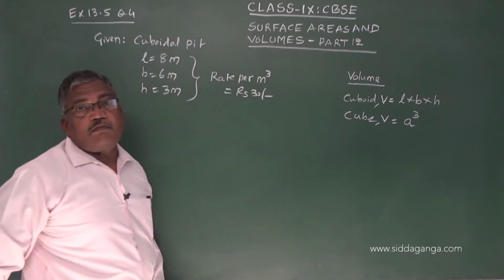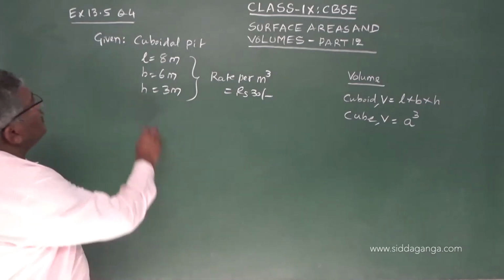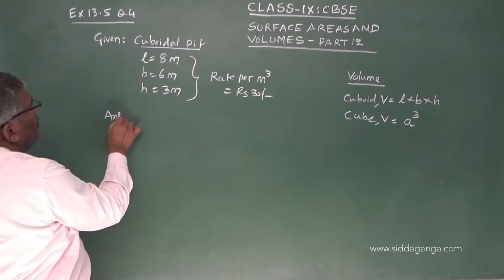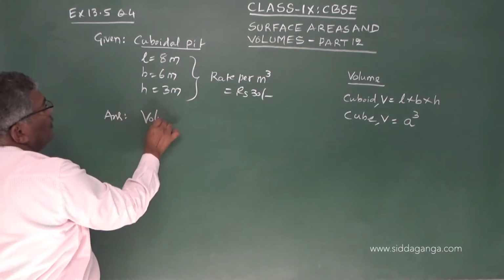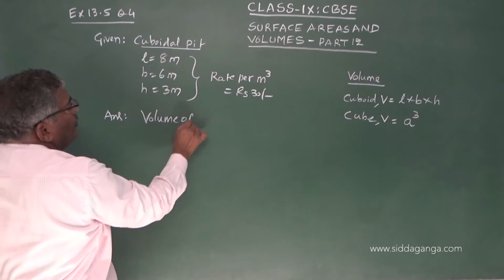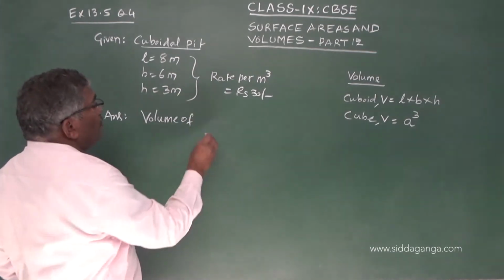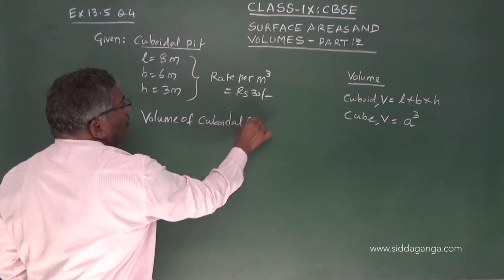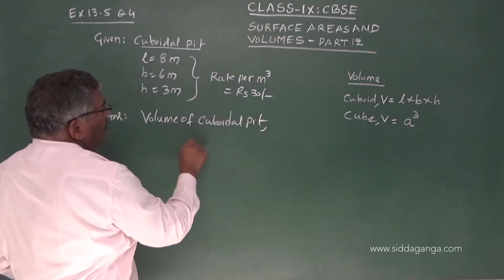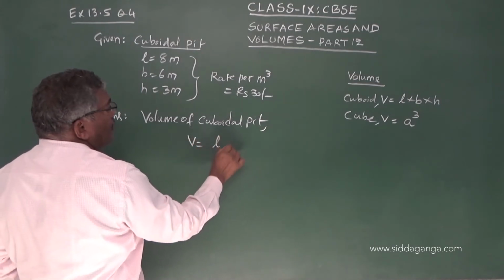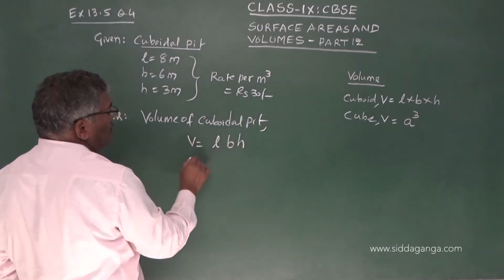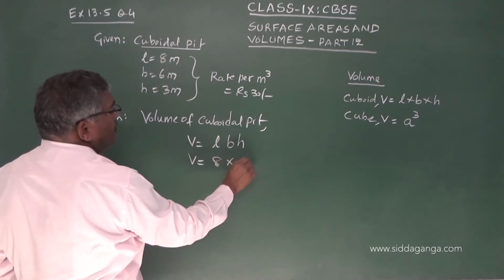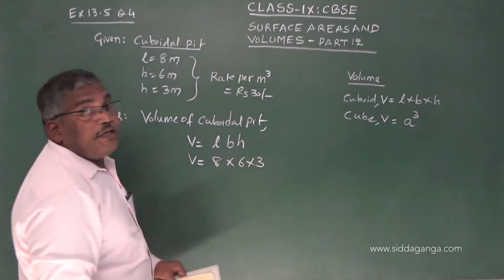So it is one of the easiest problems. You can solve this. So for a cuboidal pit, the answer: volume of the cuboidal pit, V will be equal to L into B into H. So V is 8 meter into 6 meter into 3 meter.